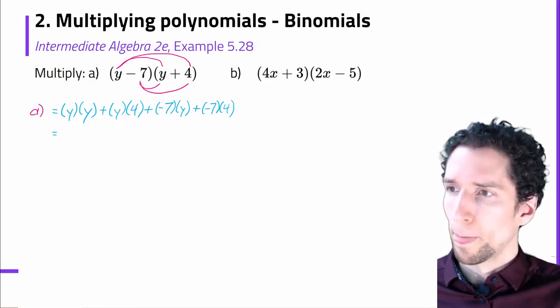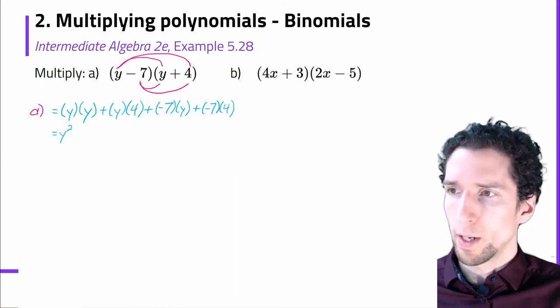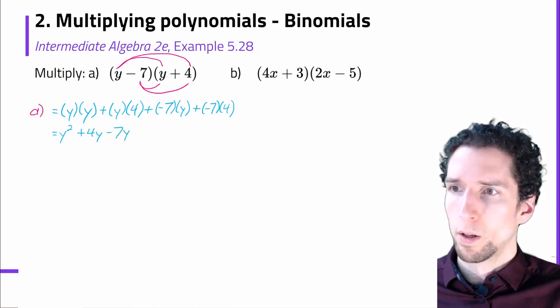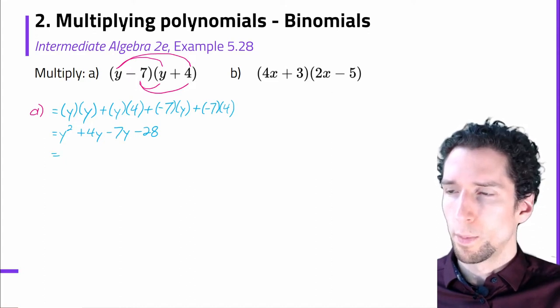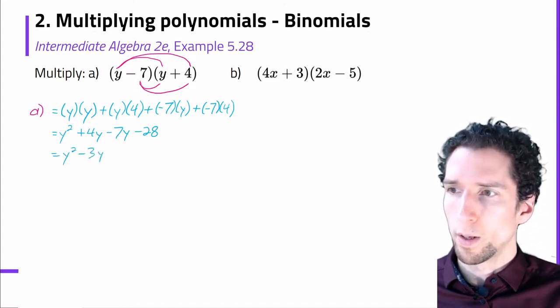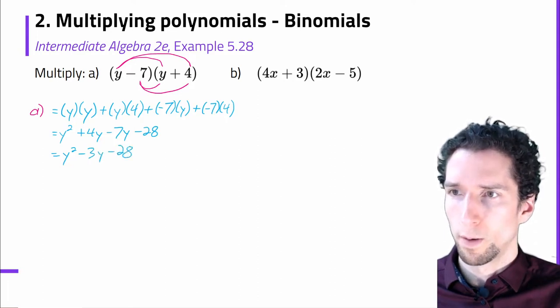There we go. So y squared, simplify or multiply all these out. y squared plus 4y minus 7y minus 28. And we can simplify a little bit here. y squared minus 3y minus 28.